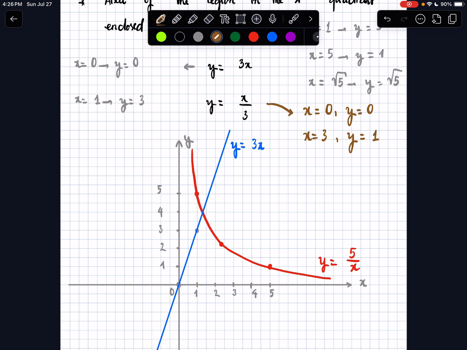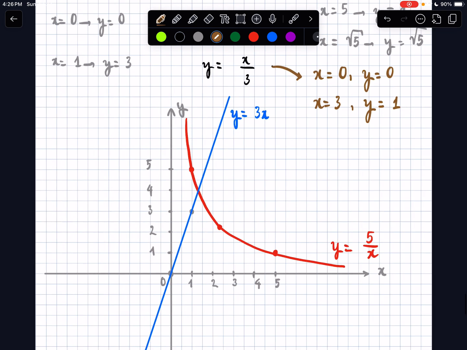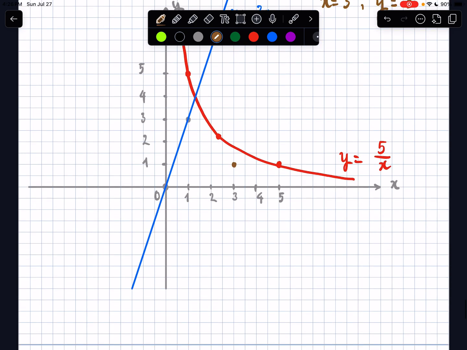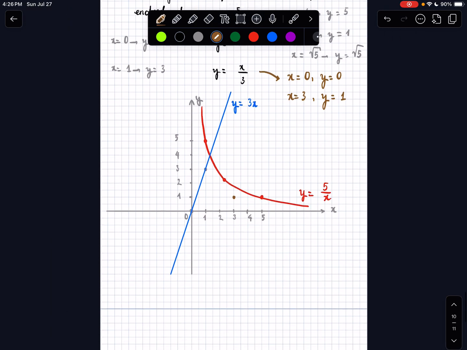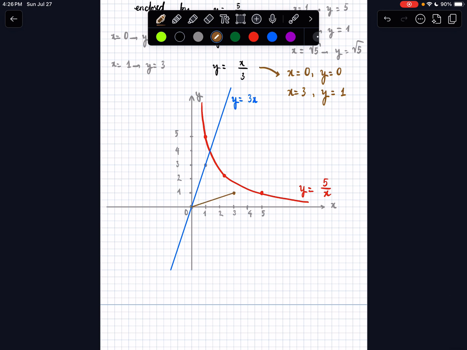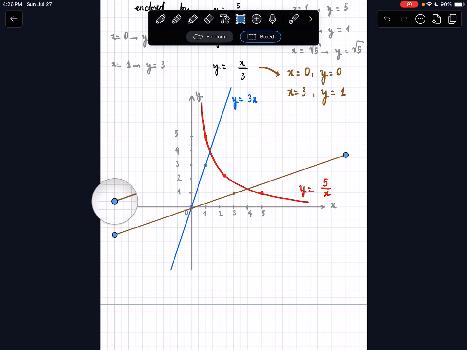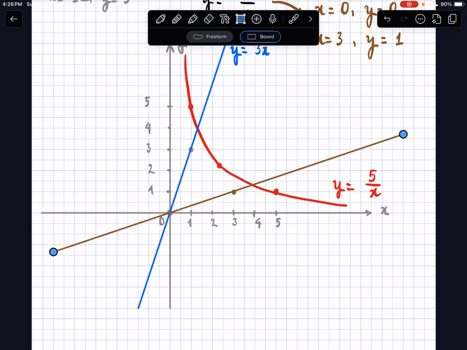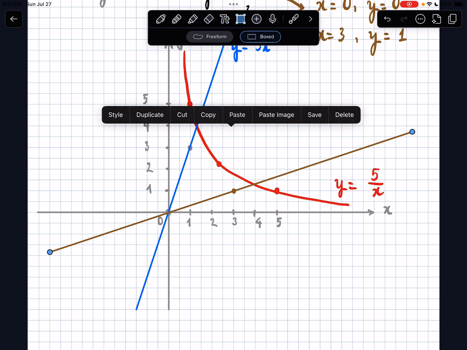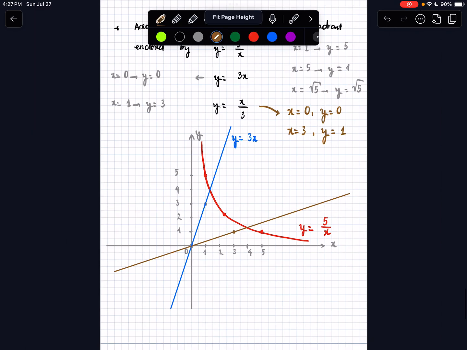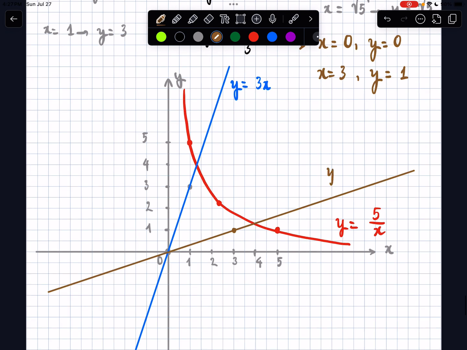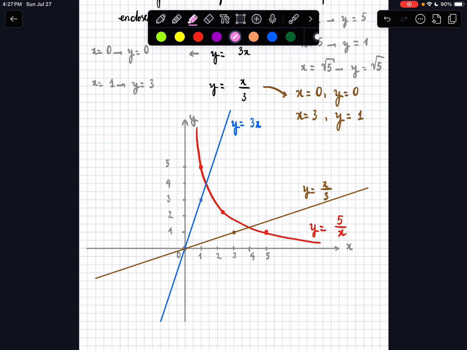So (0, 0) and (3, 1). So this is the second line. This is the last one, y equal to x divided by 3. And we need to compute the area of this region.